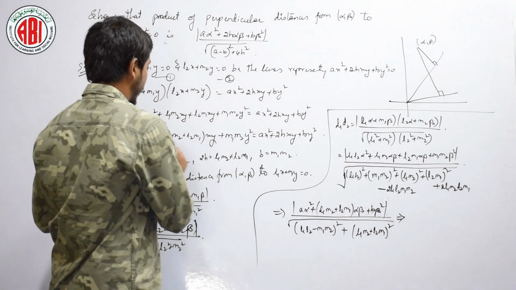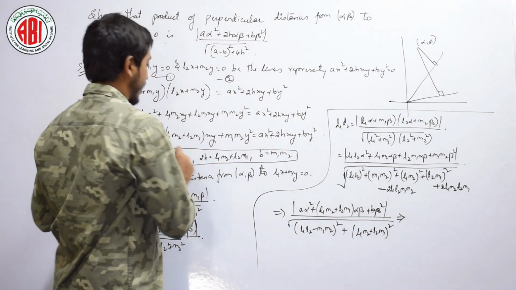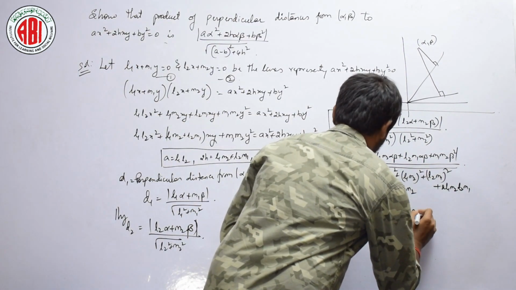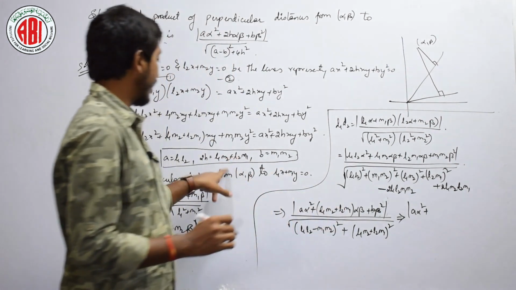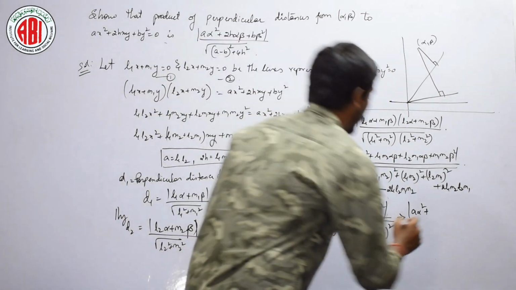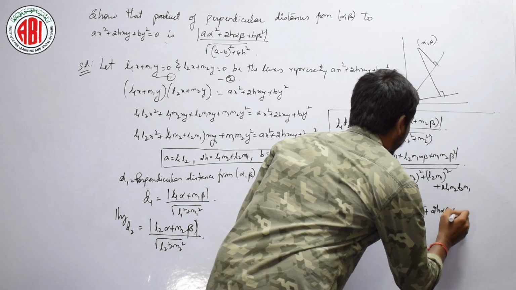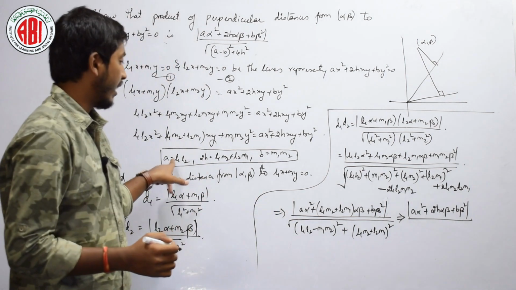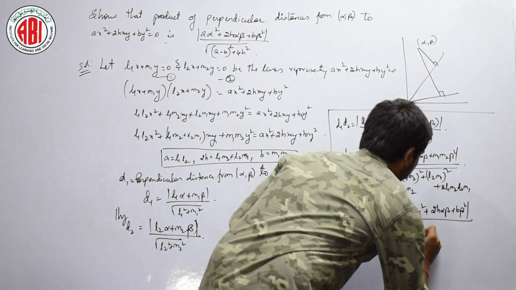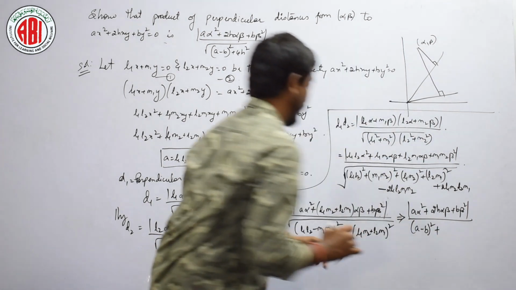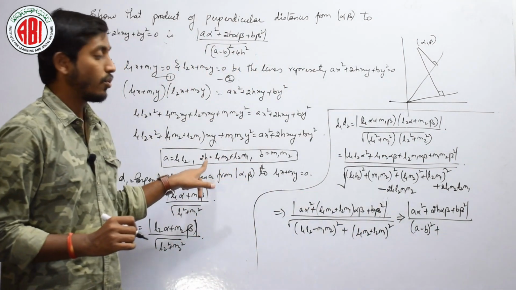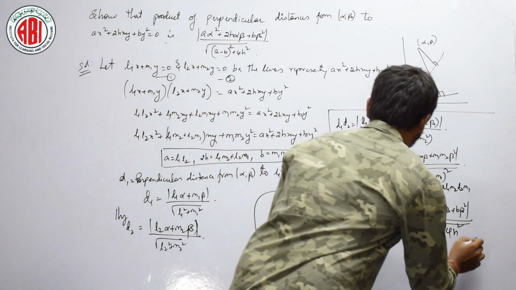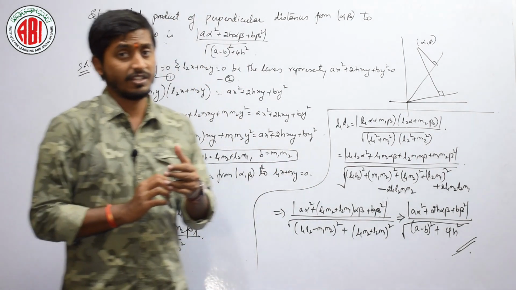M1 M2 is nothing but B, so this will be A minus B. Let us write it: A alpha square plus (L1 M2 plus L2 M1), that is nothing but 2H, right? 2H alpha beta plus B beta square, divided by (A minus B) whole square plus (L1 M2 plus L2 M1), that is 2H whole square, which is 4H square, under root. Is it right? That is what we were asked to prove, isn't it?